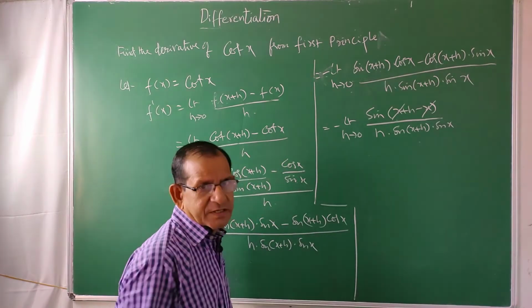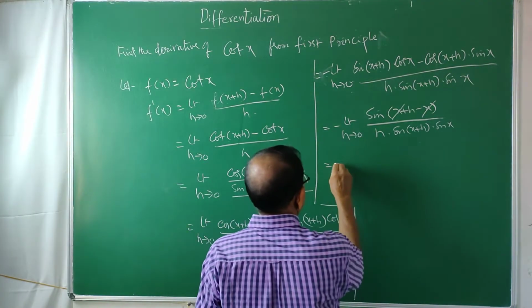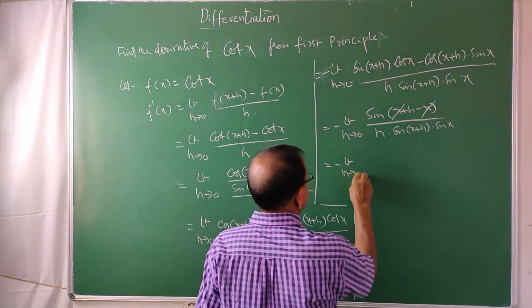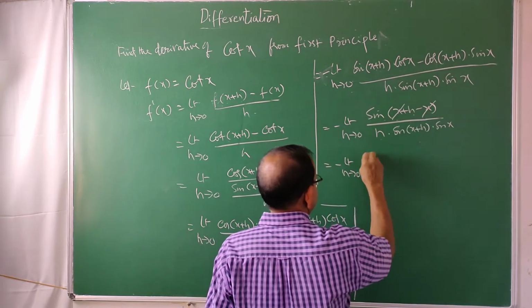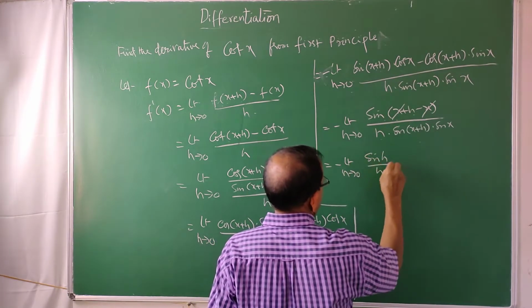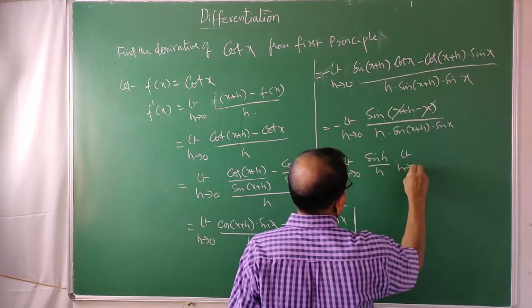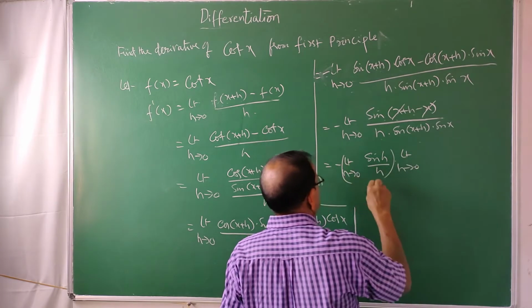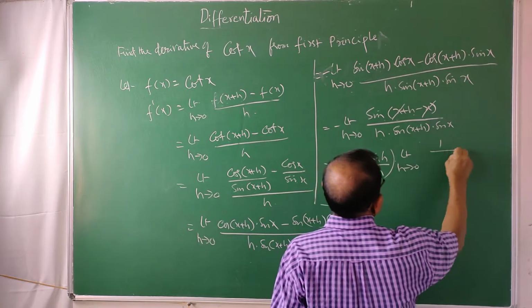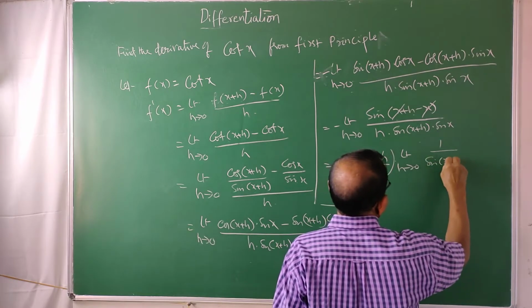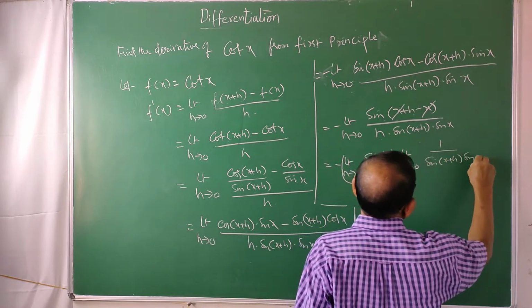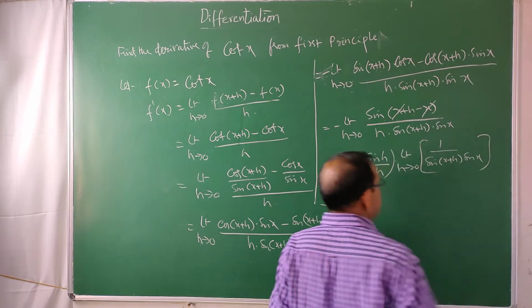So now split the limit. This is minus limit h tends to 0 sin h by h into limit h tends to 0, 1 by sin(x plus h) into sin x, another limit.